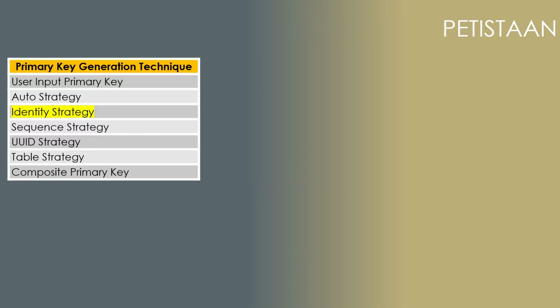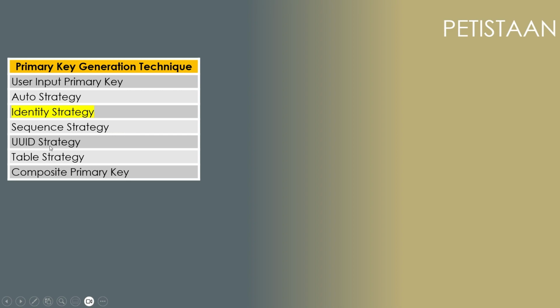Now before we move on with the coding part, let's discuss a few more small things. Till now we have discussed these primary key generation techniques. Number one was taking it directly from the user, so it was not generation as such, but hard coded. Then we saw the auto strategy, identity strategy, and sequence. We didn't discuss sequence as such because I said it does not generally go with MySQL.